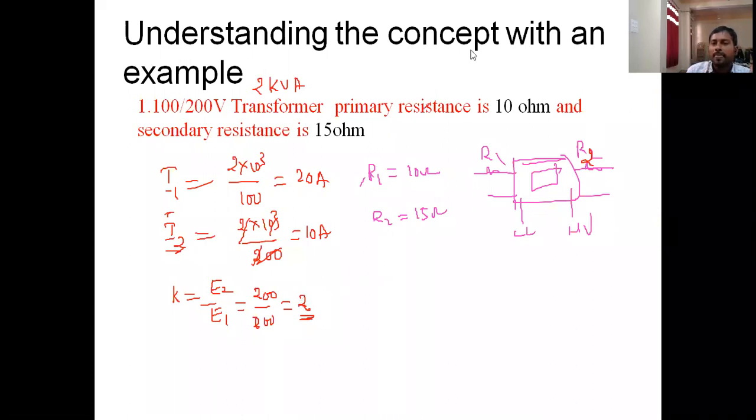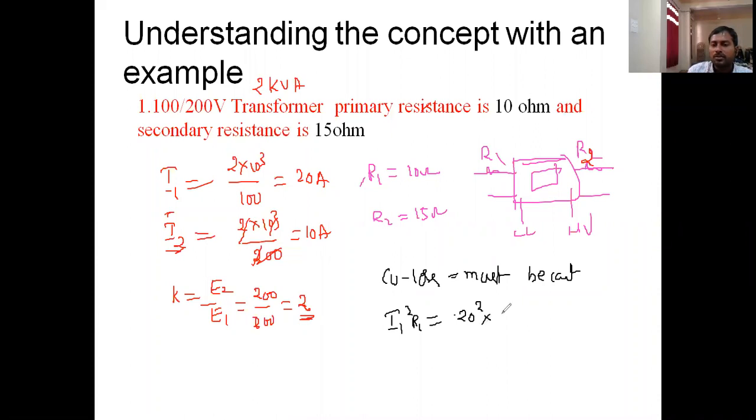Now, as per the equivalent circuit conversion from primary to secondary, the condition is that copper losses must be constant. The copper losses at primary are I1 square R1, which is 20 square into 10. 20 square is 400, into 10 is 4,000 watts.